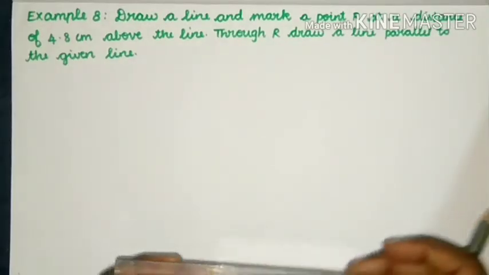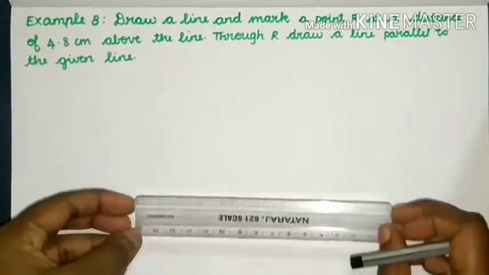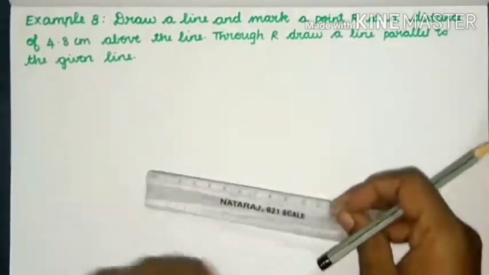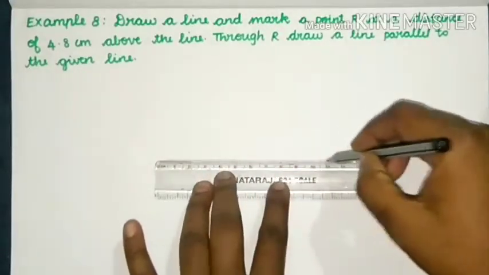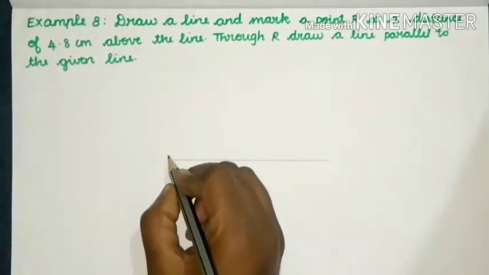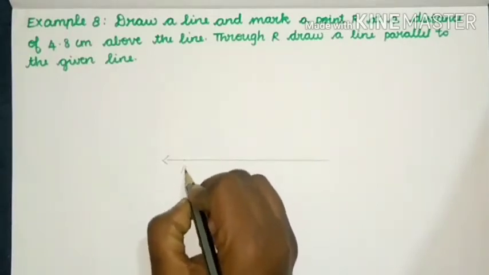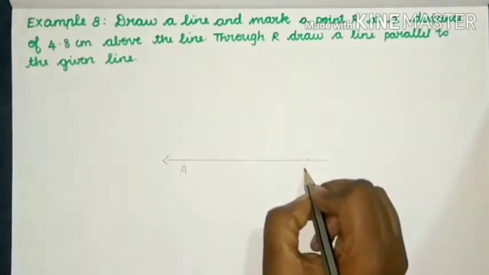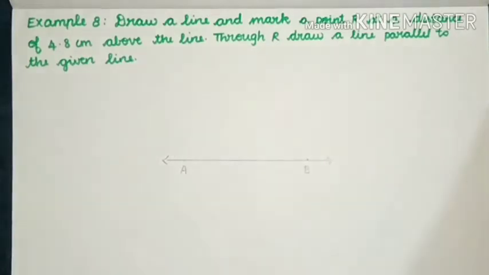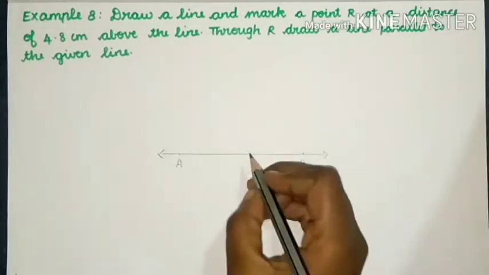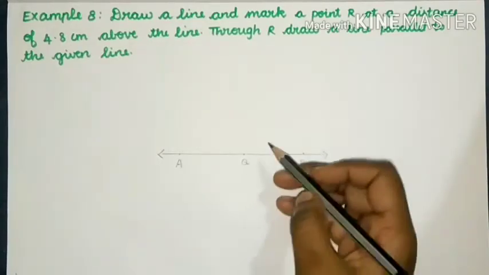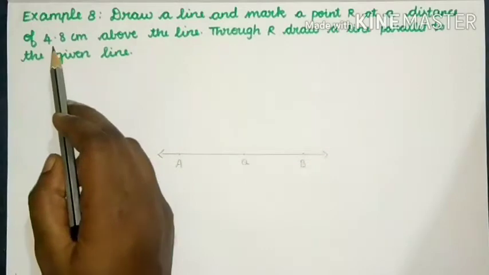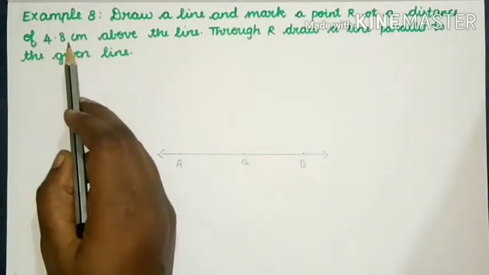For that, first you have to draw a line AB using the ruler. Mark point A, then point B here. Then mark point Q on the line, because only then can we mark R at a distance of 4.8 cm.